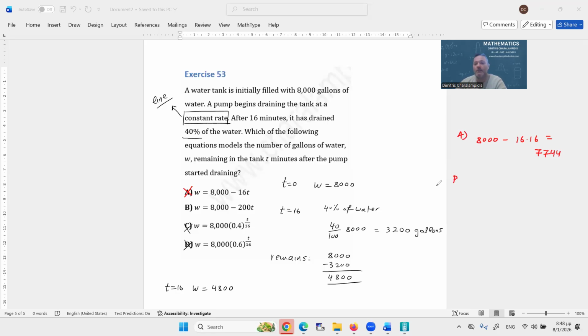Let's just confirm B. 8,000 minus 200 times 16 should be equal to 4,800, which is exactly what was expected. So the right answer for 53 would be B.